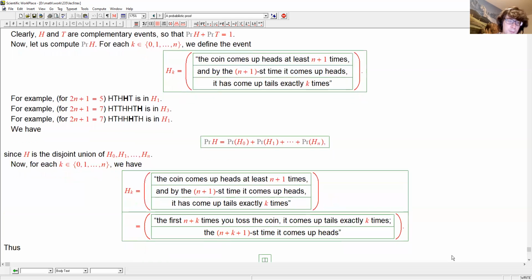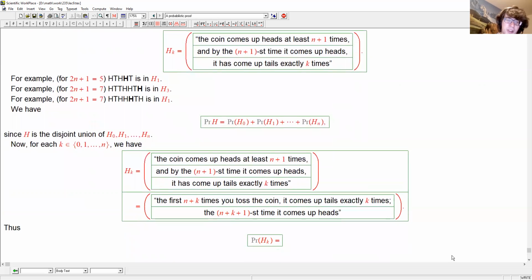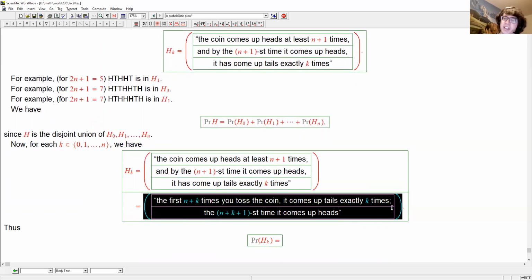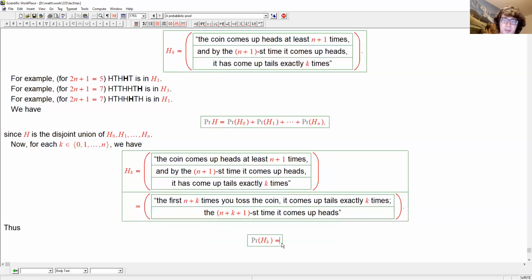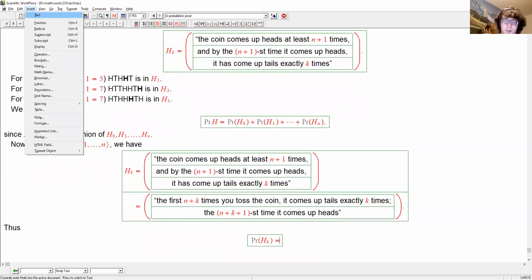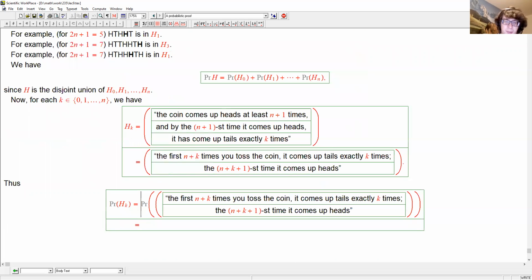So now this restatement has a nice property. You're tossing the coin, the tosses are independent. The coin has no memory. And since this condition and this condition talk about different tosses, you can just say that the probabilities get multiplied.